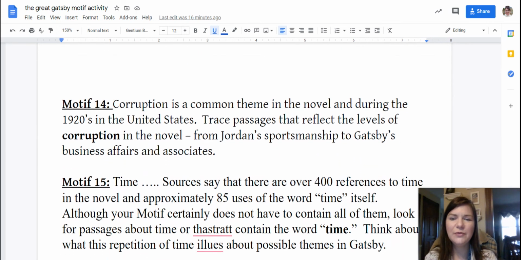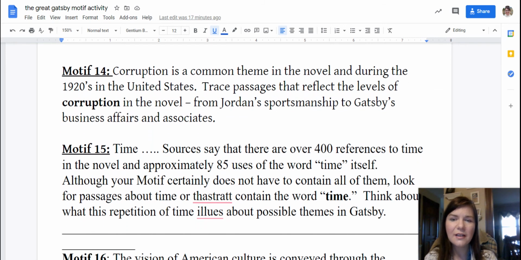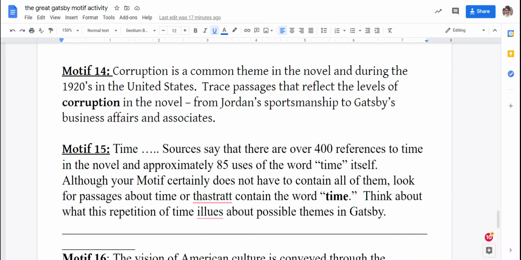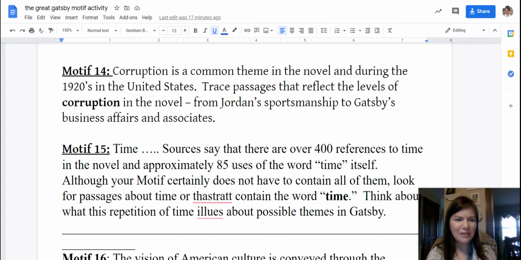All right, motif 14 is corruption. That is kind of like dishonesty to do crimes. And I'm going to actually look up this definition because I want to make sure I'm describing it. Dishonest or fraudulent conduct by those in power. Okay? It's people abusing their power to do the wrong thing.